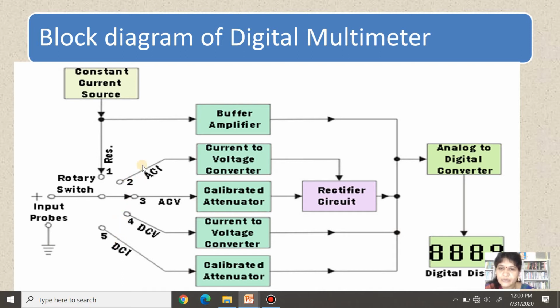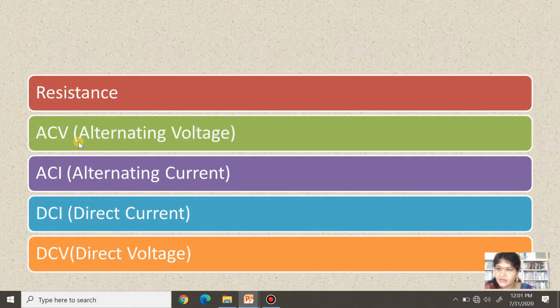Second is for alternating current, and the other is for direct current. If you want to measure resistance, you connect it to position 1.